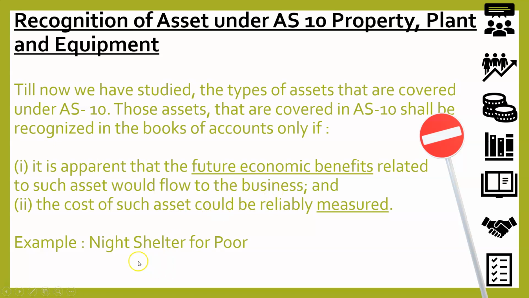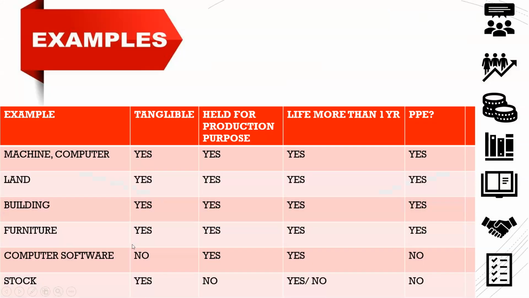Example, if we are making a night shelter for the poor, for donation or for charity purposes. It is tangible, right? Let us look at the night shelter for the poor as an example. It is tangible, yes. Held for production purpose?